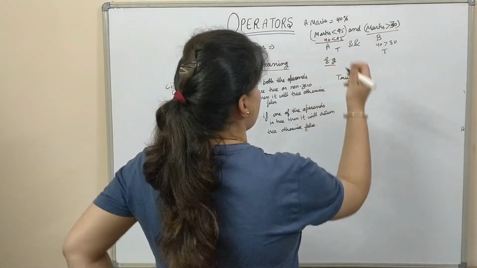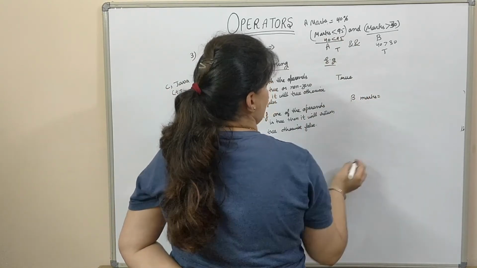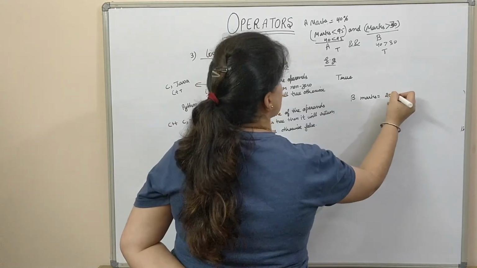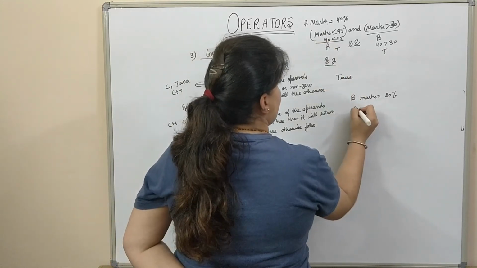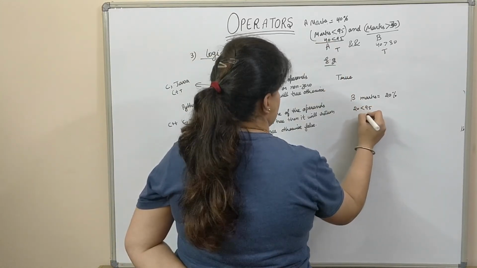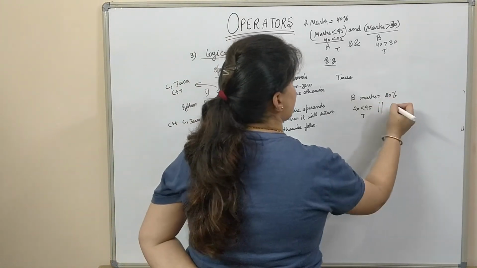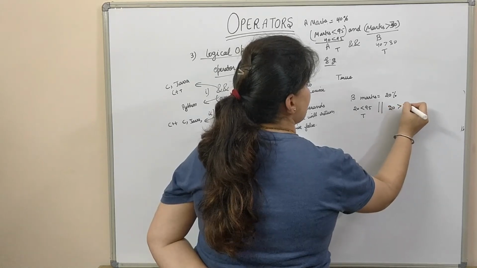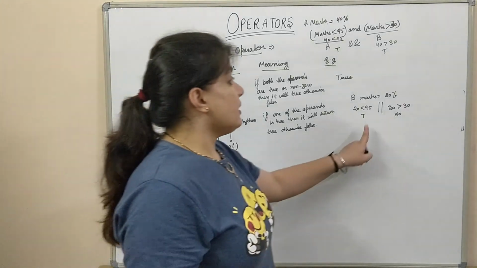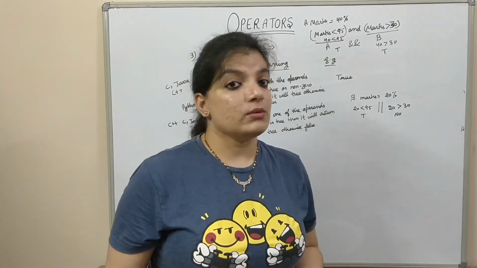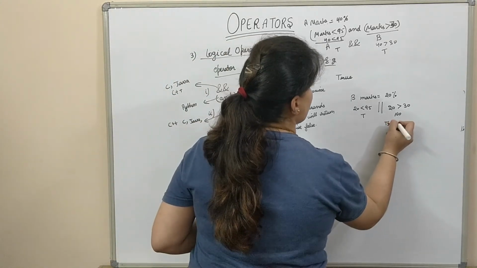Now consider the example, like B is a student and B's marks is 20%. Okay, so here marks value 20 is less than 95? Yes. Okay, or 20 is greater than 30? No. So what is the meaning of this? Here if any one condition is true, the output is true. So what will be the output in this case? The output will be true.